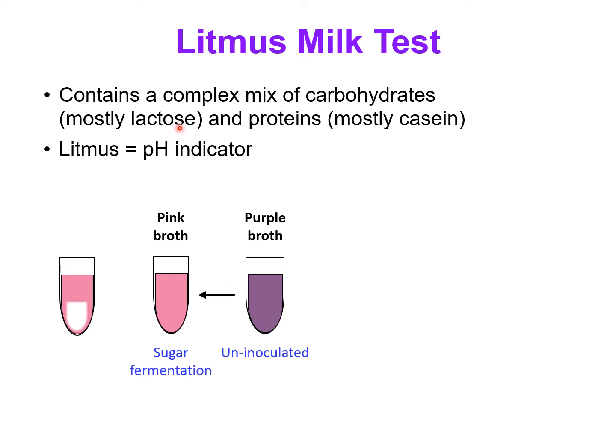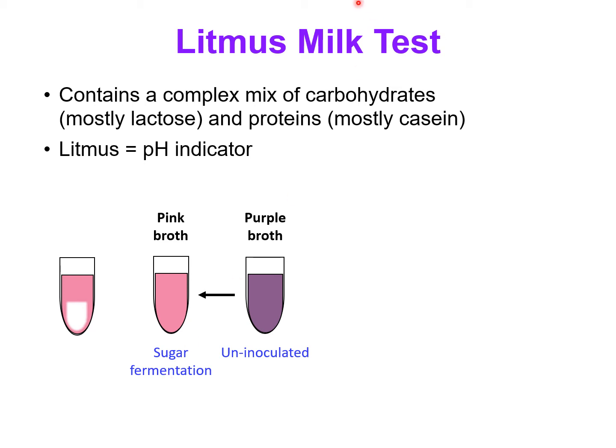Which sugar are we talking about? Lactose. So it was capable of fermenting the sugar and it was capable of producing an acid, okay, an acidic product when it was fermenting the sugar, turning the broth acidic and turning it into that pink color.